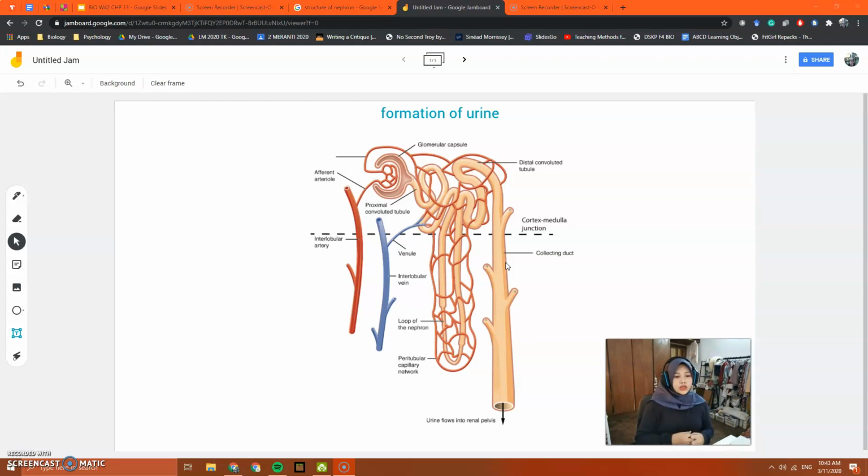But let's say you drink too much water, you're a very healthy person or whatever, so you have a lot of water inside your body, so the collecting duct is going to be more permeable, and it allows more water to go through, and the urine is going to be more diluted.